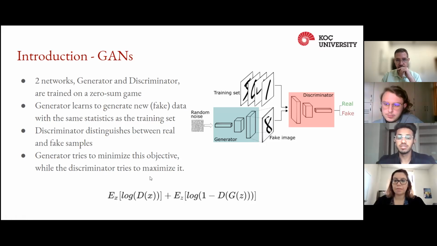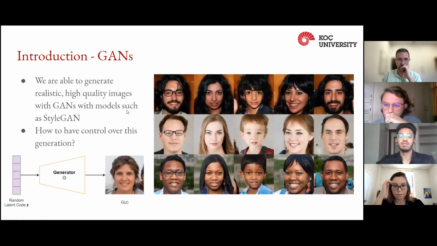We have this adversarial loss, an objective that the generator tries to minimize and the discriminator tries to maximize. GANs have shown a lot of progress in the past few years, and in the last 3-4 years there has been an architecture called StyleGAN.